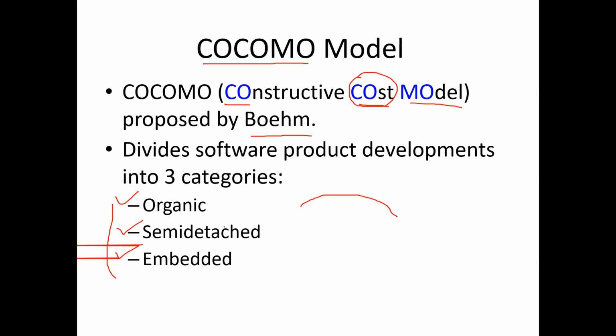So software is categorized into only three types: organic, semi-detached, and embedded. Whatever software you are developing, you must categorize it into one of these categories.